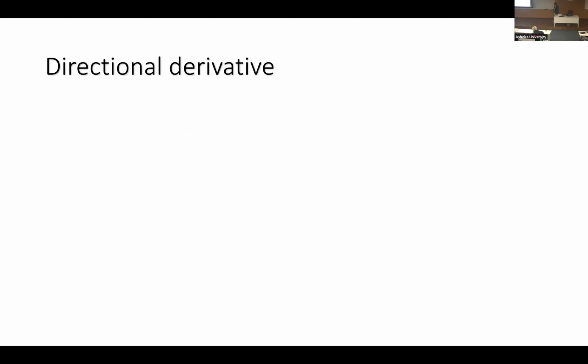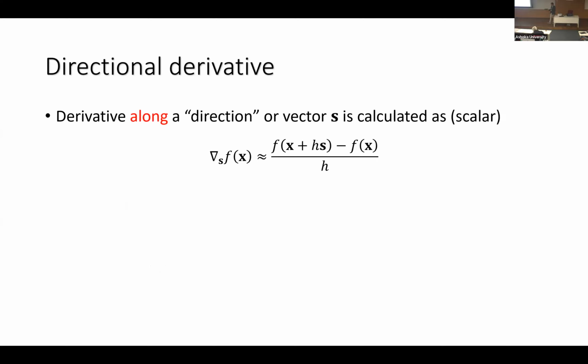Okay. And then how do we relate it to directional derivative? So directional derivative is essentially derivative along a certain direction, not necessarily the standard unit direction. This just could be any direction. So what we are doing is we are saying x plus hs, h is some very small value, and s could be any vector along which we are taking the direction. s denotes a direction because it is any vector.